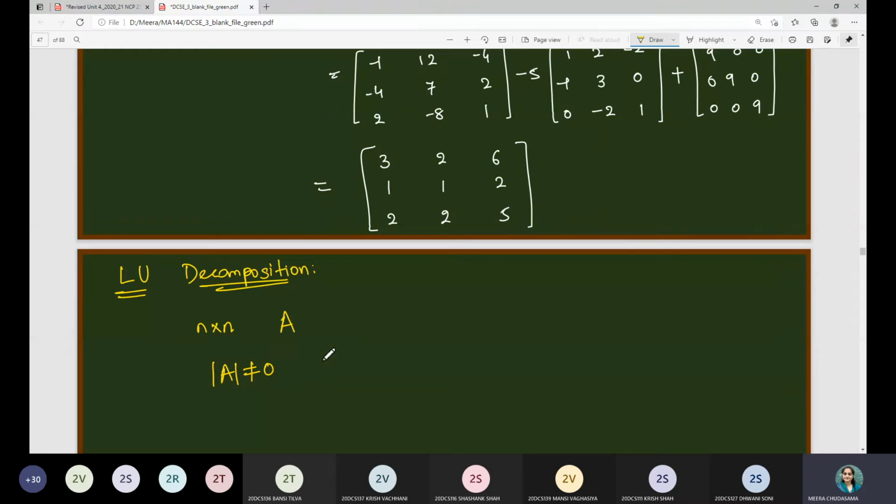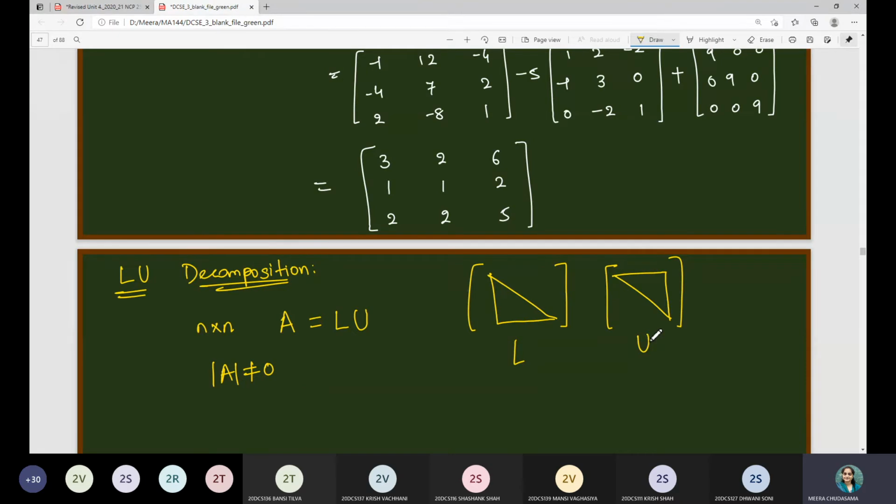If you are given a non-singular square matrix of order n cross n, then you can always decompose that square matrix in terms of a lower triangular matrix and an upper triangular matrix. What do you mean by lower triangular matrix? Any square matrix having all entries above the main diagonal equal to 0 is lower triangular, and if all entries below the main diagonal are 0, then that is an upper triangular matrix.